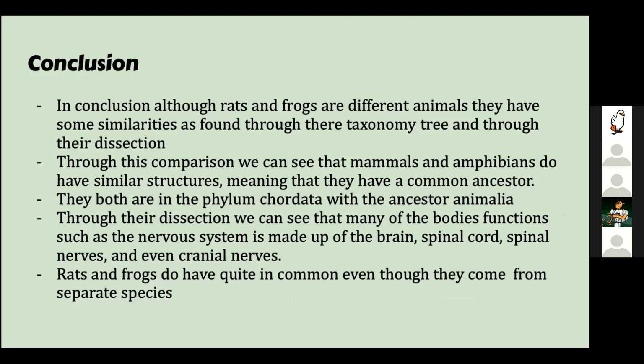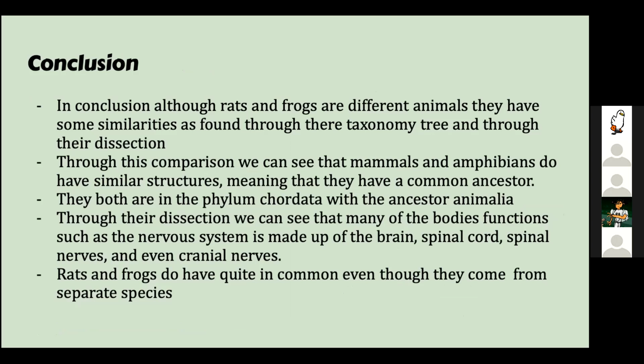In conclusion, although rats and frogs are different animals, they have some similarities as found through their taxonomy tree and through the dissection that we have experienced in this class. Through this comparison, we can see that mammals and amphibians do have similar structures, meaning that they have a common ancestor.